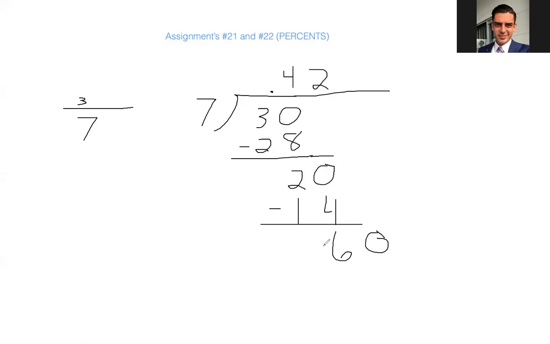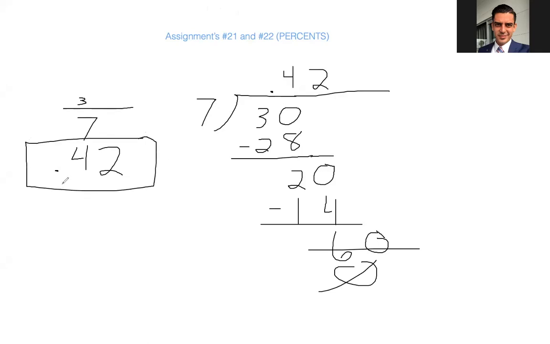But let's say that we ended it there. If we did end here and we finally got a 0 down here at the bottom and we were done, then 0.42, that's already the decimal. So let's say that this is 0.42. And then let's say that now I say, okay, give me a percent from this.